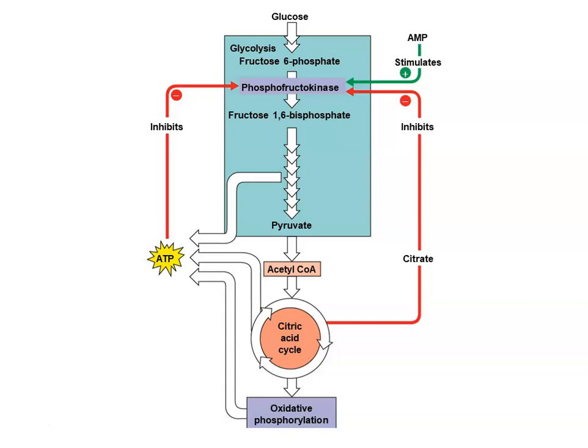But if you do not have lots of ATP because you have broken down your ATP and you have AMP present, adenosine monophosphate, that would stimulate phosphofructokinase to continue to break down glucose, or whatever your organic material is, so that glycolysis, the citric acid cycle and oxidative phosphorylation can occur.